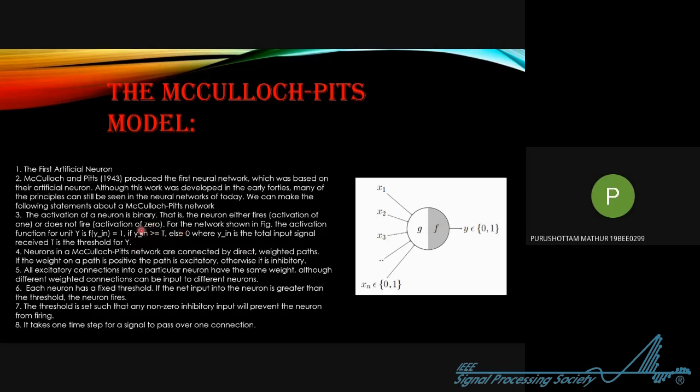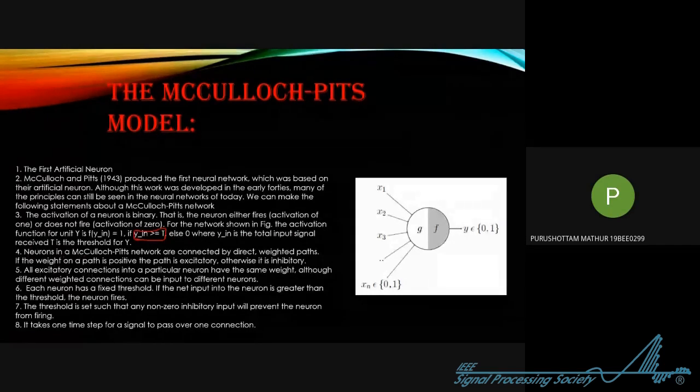So this is the activation function. I think I should use the pen. Yeah, this is the main thing I am telling. I will explain in more depth how activation functions work, but the main thing is how it fires, else zero.